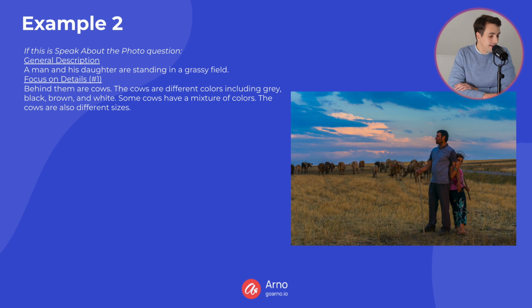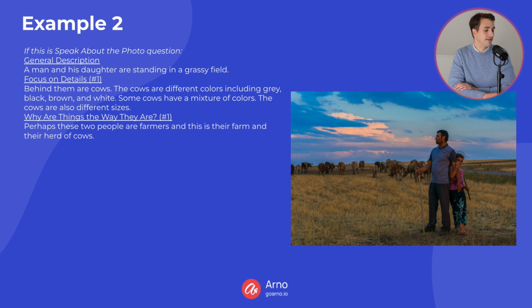So you can see here the aspect of the photo I'm focusing on are the cows. And I'm going to describe everything that I can about the cows. And then I'm going to speculate about those cows. Perhaps these two people are farmers, and this is their farm and their herd of cows.